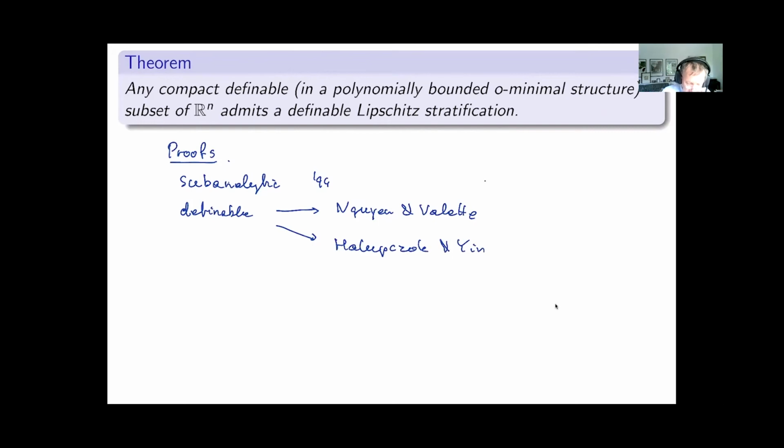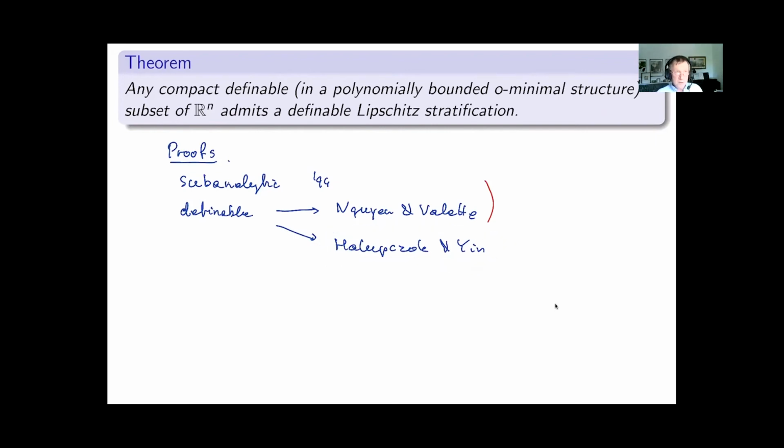These two proofs go along the same lines, which at the end I will say briefly. And the third proof, which goes through non-Archimedean geometry and those non-standard models, looks different.